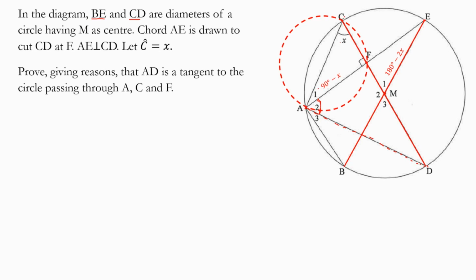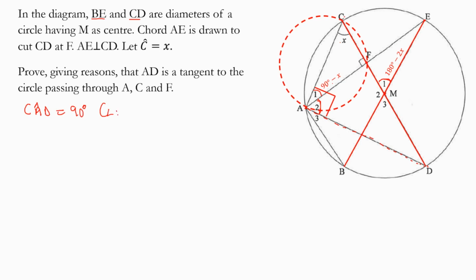Remember, in the previous question, we found that A1 is equal to 90 degrees minus X, and angle M1 is equal to 180 degrees minus 2X. Since CD is a diameter, angle CAD is equal to 90 degrees.